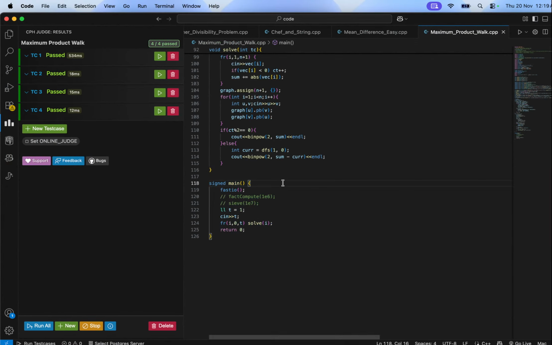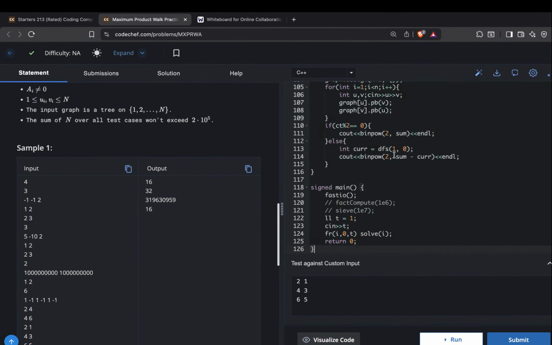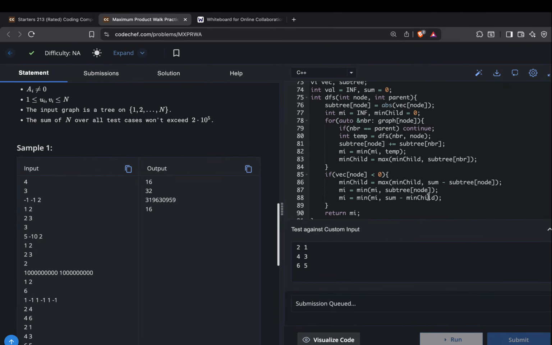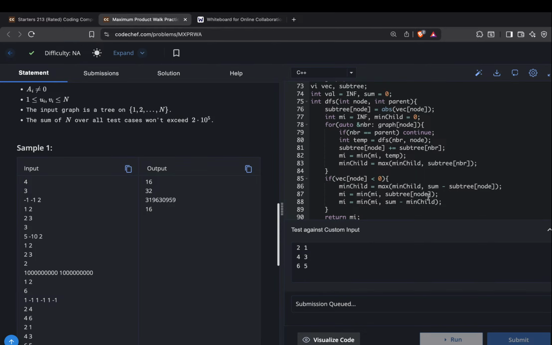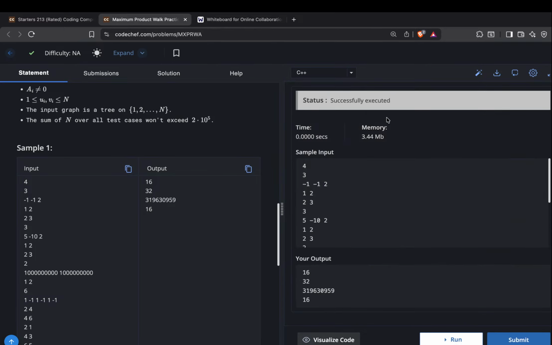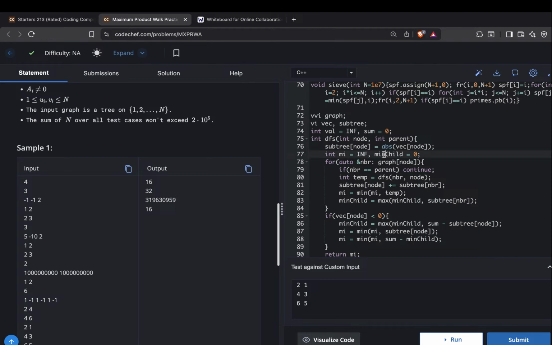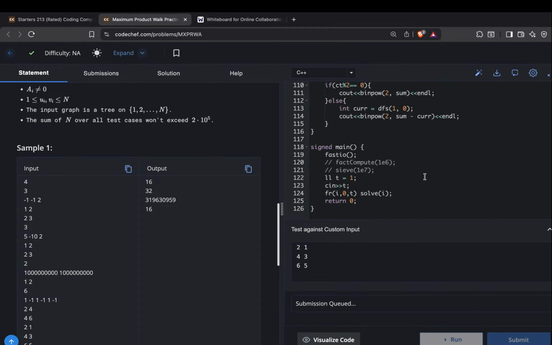Okay, so this was the actual code. This was our max side. All right. This should work.